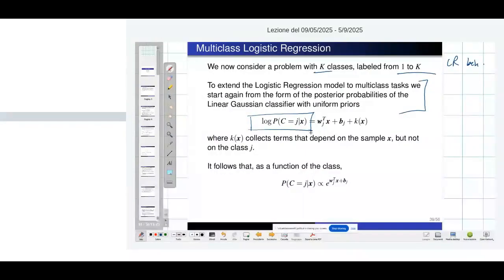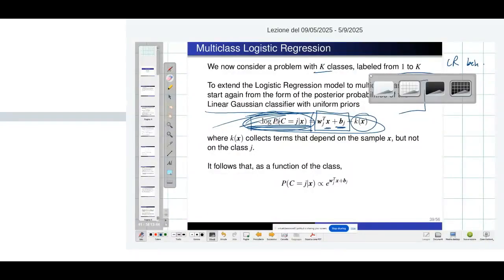Let's go back to the Gaussian model and see how it works for a tied Gaussian model for a multiclass problem. For a multiclass problem, we can show that the Gaussian model gives us class posterior probabilities that are a linear function of our x plus a bias plus a constant that depends on x but does not depend on the class. So what do we have here?